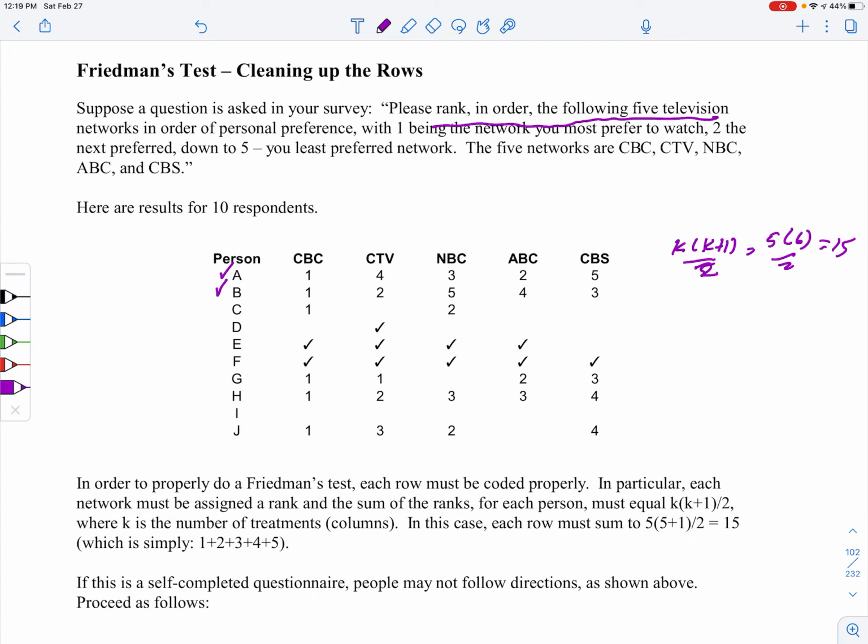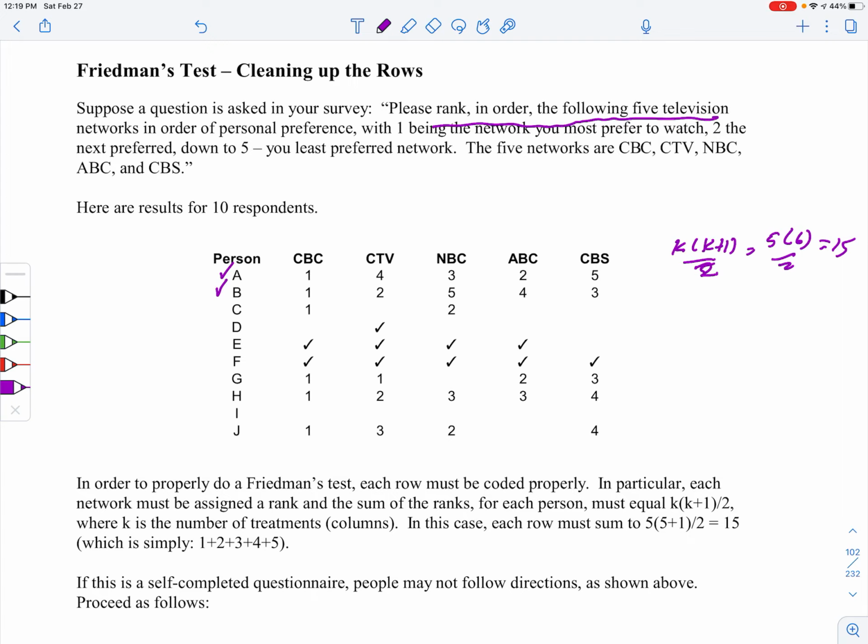And that's actually probably okay. In fact, what I would probably add at the top here in the question is don't rank a network if you never watch it. And so in this particular case, then, they only have 1 and 2. So what do you do with the rest here? Well, what you'll notice is that they add up to 3. 1 plus 2 is equal to 3, but it should add up to 15.